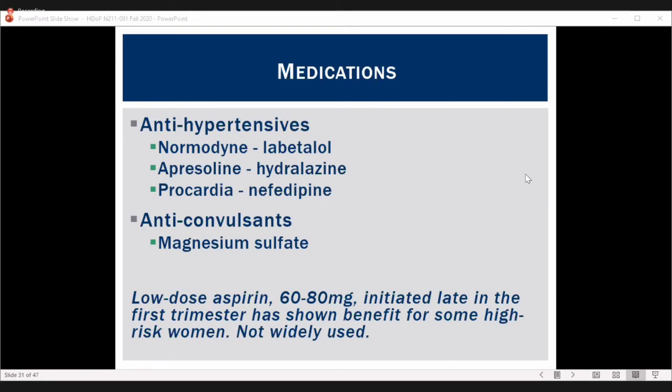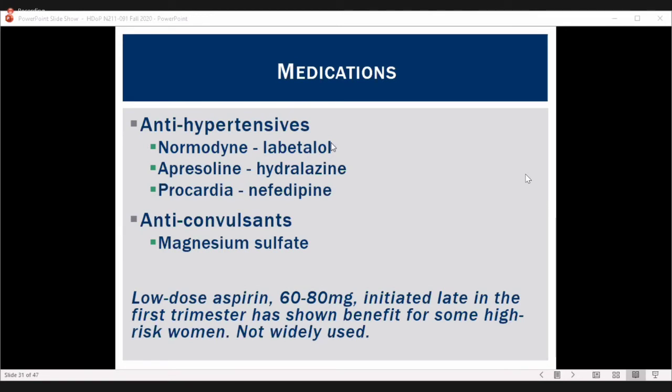If this is a chronic hypertensive patient with preeclampsia superimposed, she might already be on a medication for her blood pressure. But let's say this is the patient that has no BP issues until the pregnancy, you might or might not need to treat her with an antihypertensive. And I'll tell you why. Well, I'm not going to tell you why. You're going to tell me why.